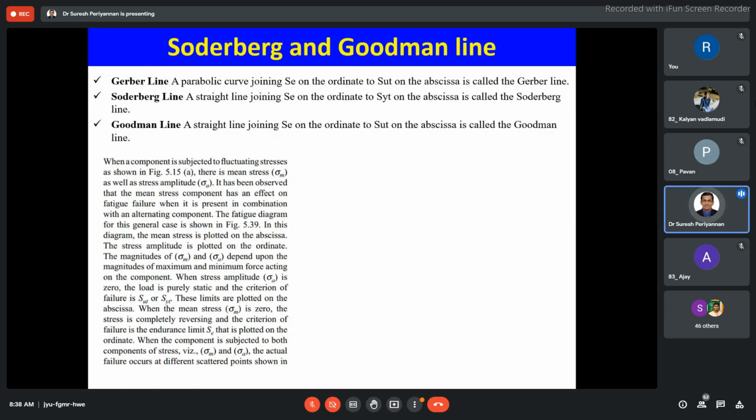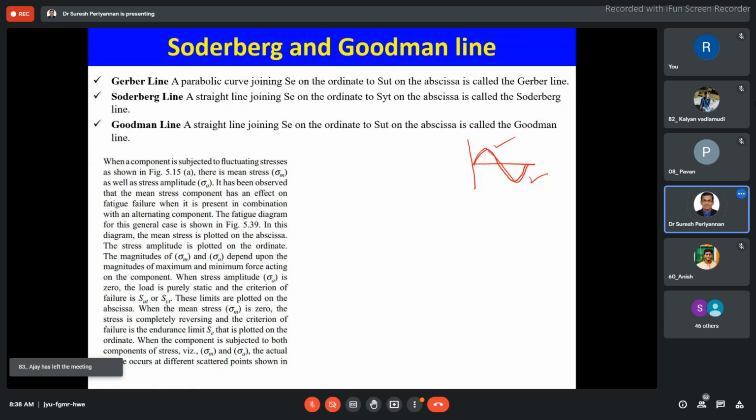We discussed only this completely reversed load. The first half of the cycle, for example, tension. Second half of the cycle, compression. But the amplitudes are the same, only the negative sign. This is completely compressive. This is completely tensile.